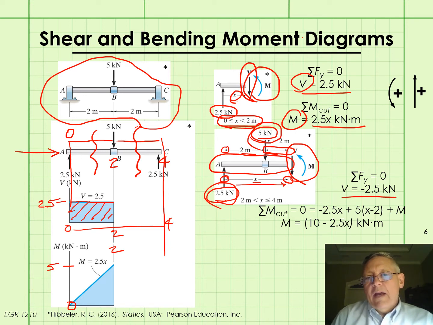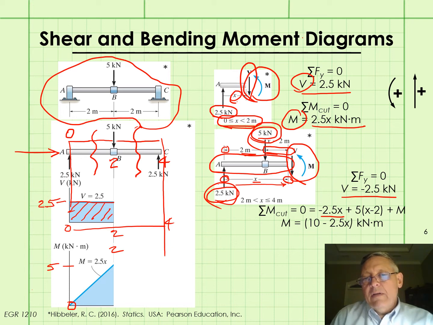And now the sum of the moments at the cut, pay attention here. We set those equal to 0. And we have the moment of the 2.5 kilonewton force at A about the cut, which is a negative 2.5x. We're assuming that positive moments act counterclockwise.